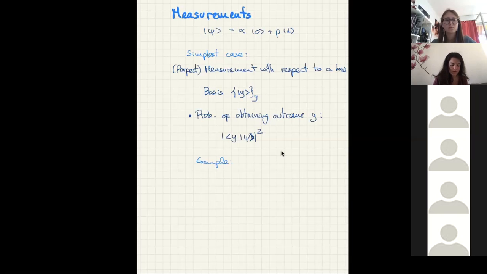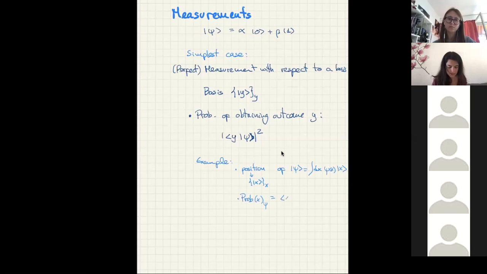So we want to measure the position of this particle. What's the probability of getting an outcome x when you measure state psi?